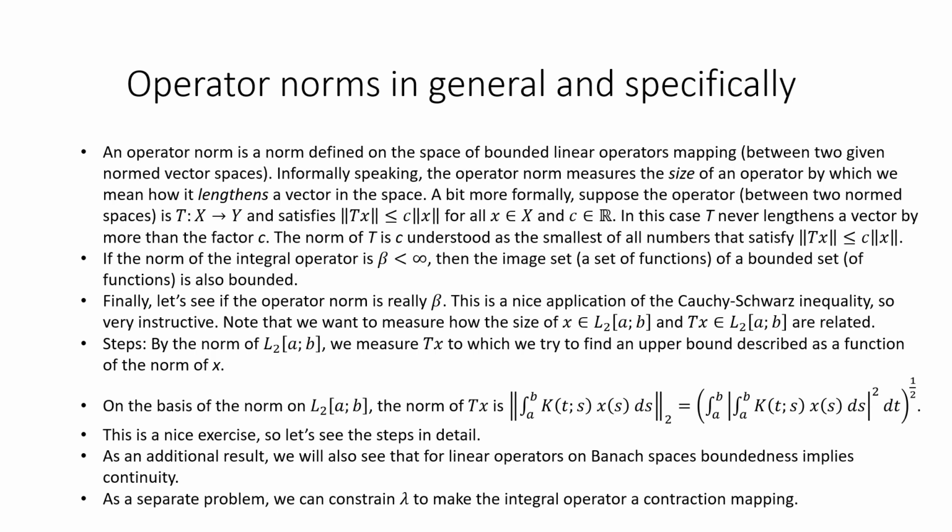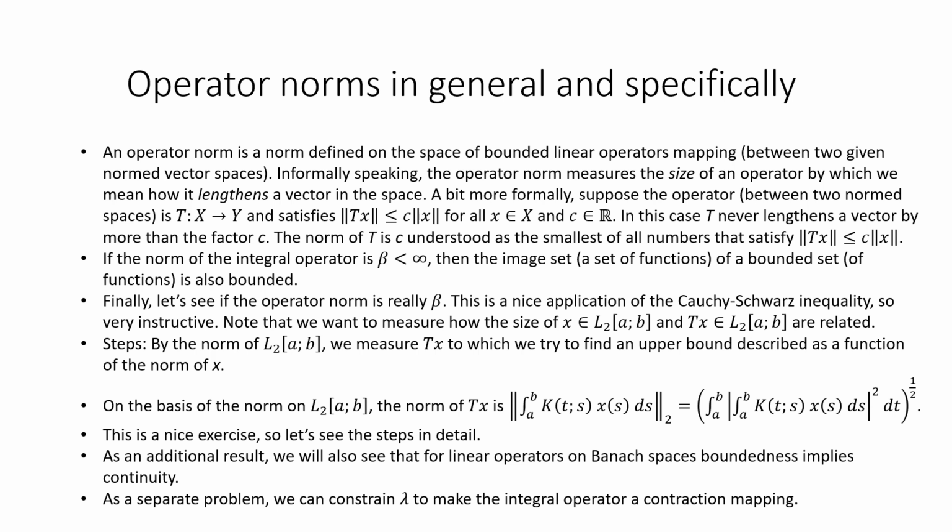So we will do the same as I just explained. We have a function x in the function space L2. We apply the operator to the function. We receive a function in the same vector space. We will measure the length of this function, Tx.